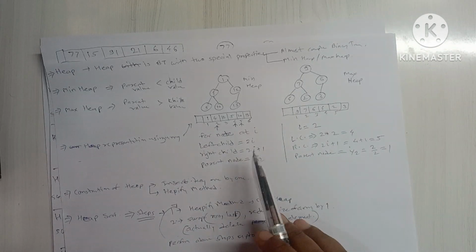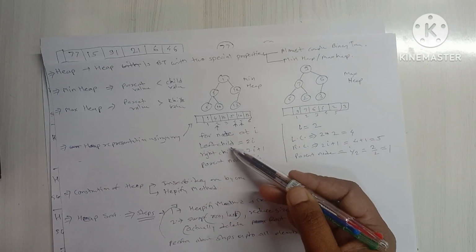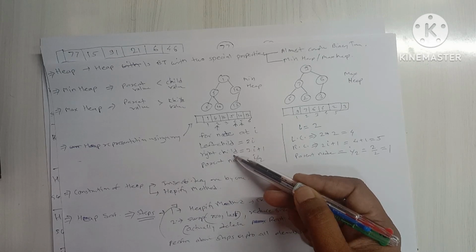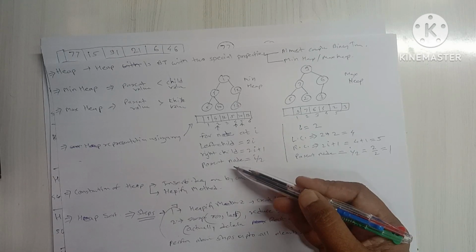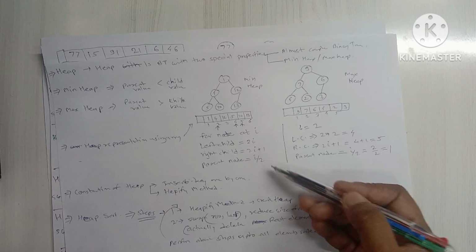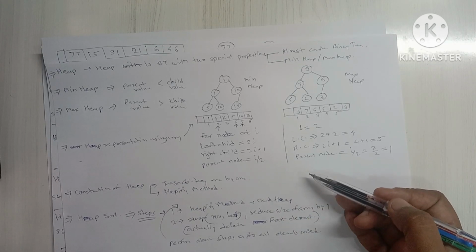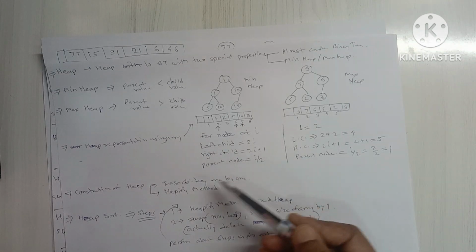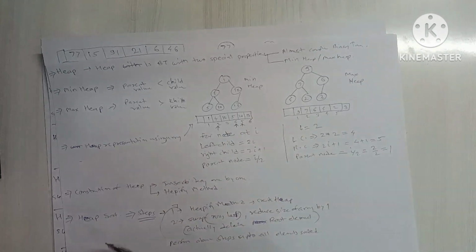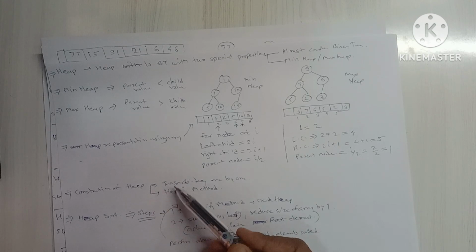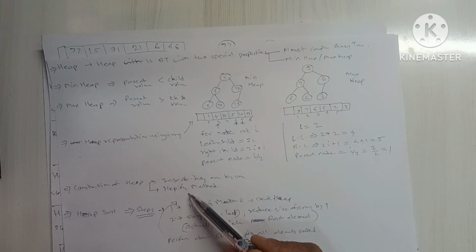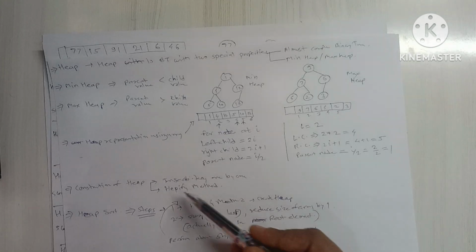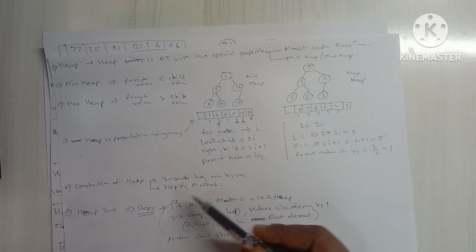We can find the left child using 2i, the right child using 2i plus 1, and the parent node using i divided by 2. This is the array representation. For construction of a tree, two methods are there: heapify and inserting keys one by one. In heap sort, we are using the heapify method.